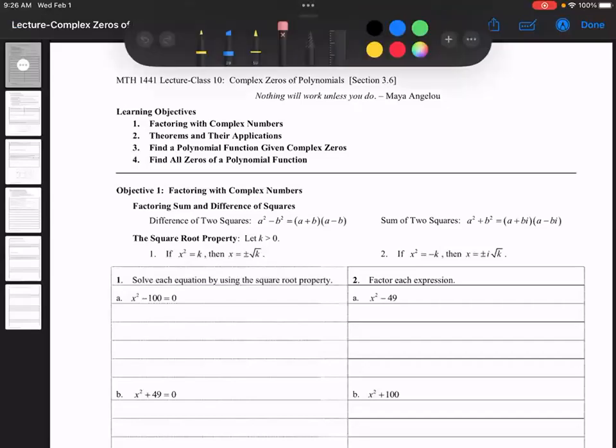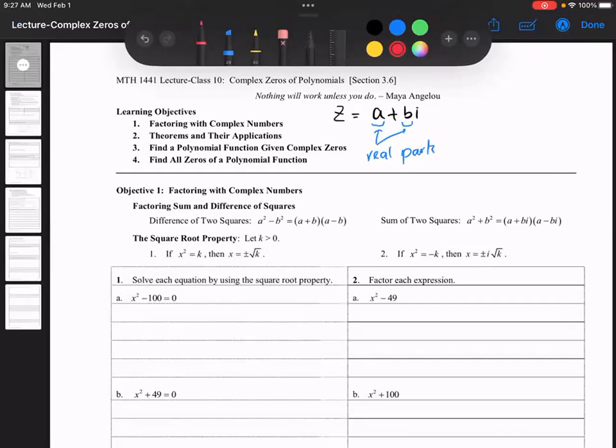So the formal definition of a complex number or imaginary number is this. z equals a plus bi, where a and b are your real parts. When I say real parts, I mean they belong to the real numbers.